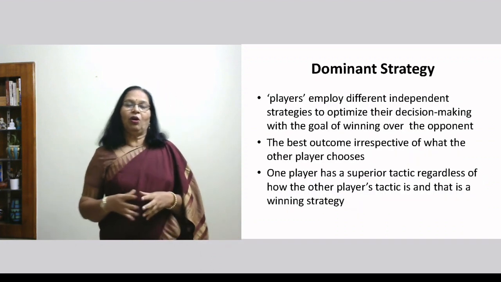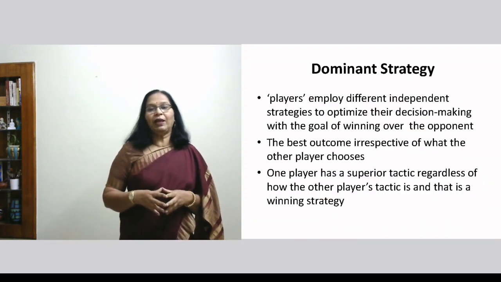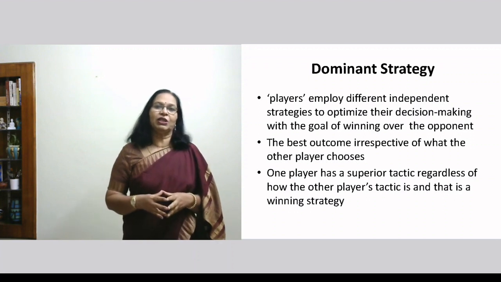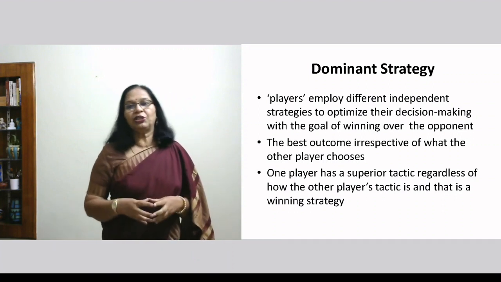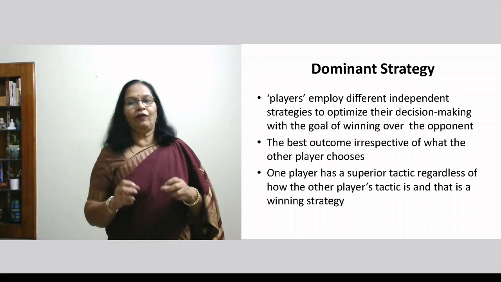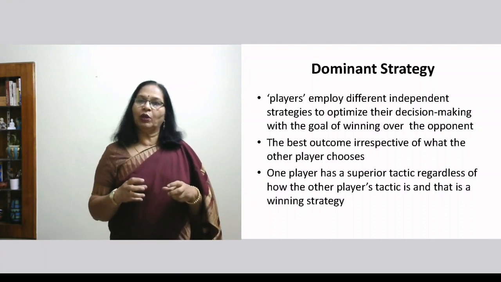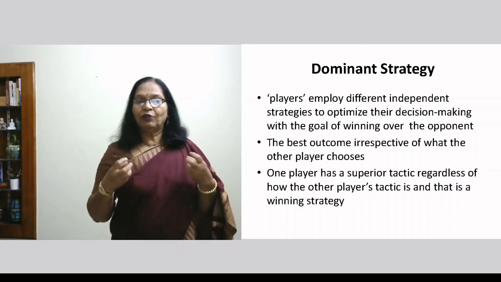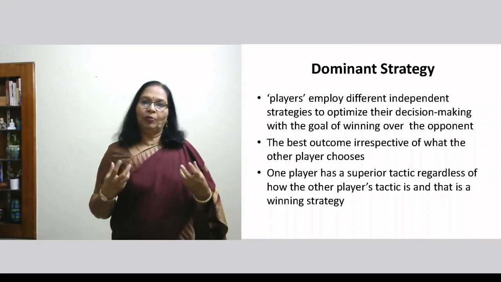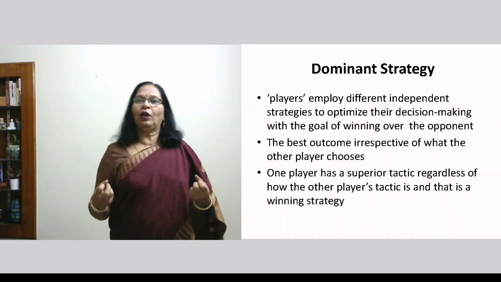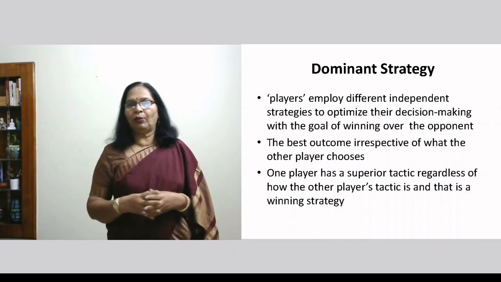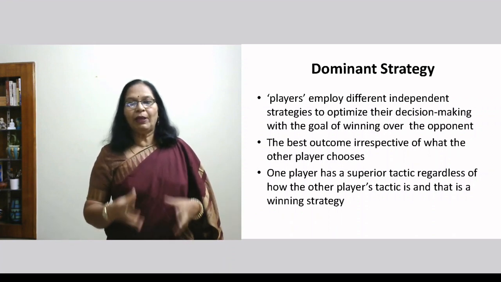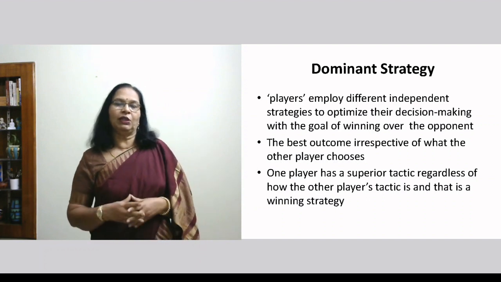There is also something called a dominant strategy, where players employ different independent strategies to optimize their decision making with the goal of winning. So each of the players wants to do what is best for himself or herself to win over the opponent. So each one wants to follow a dominant strategy, the best outcome irrespective of what the other player chooses.